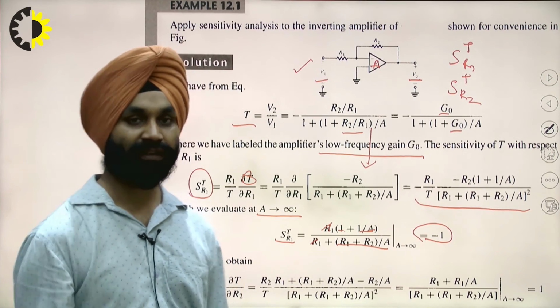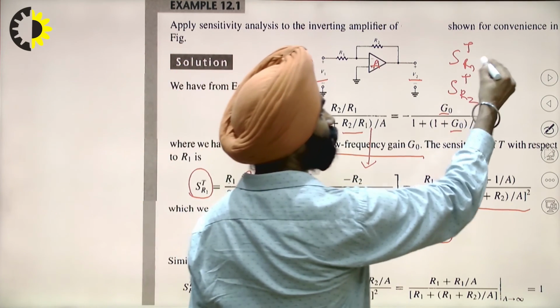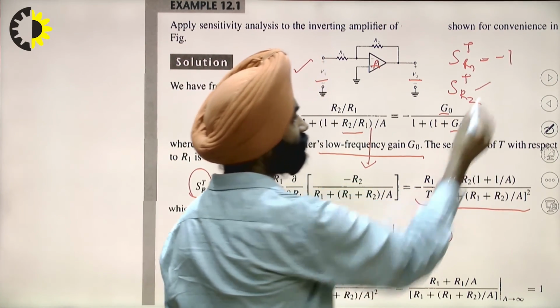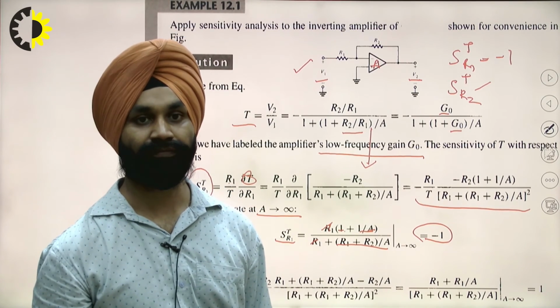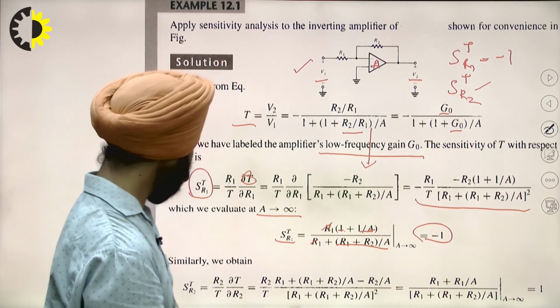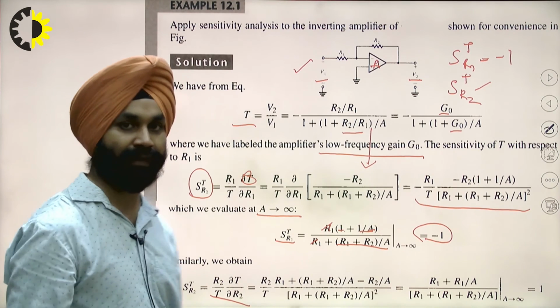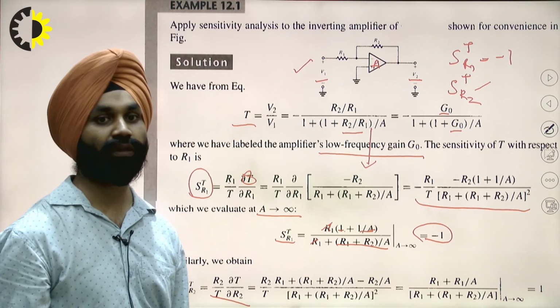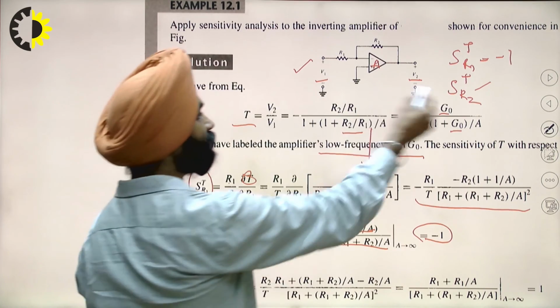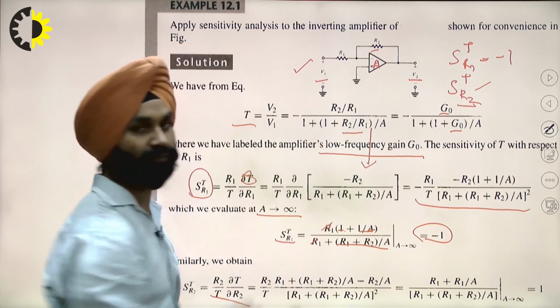Similarly, the other value that we are going to find is the sensitivity of T with respect to R2. So again, taking del T by T divided by del R2 by R2. Here R2 is required because we are finding sensitivity with respect to R2.